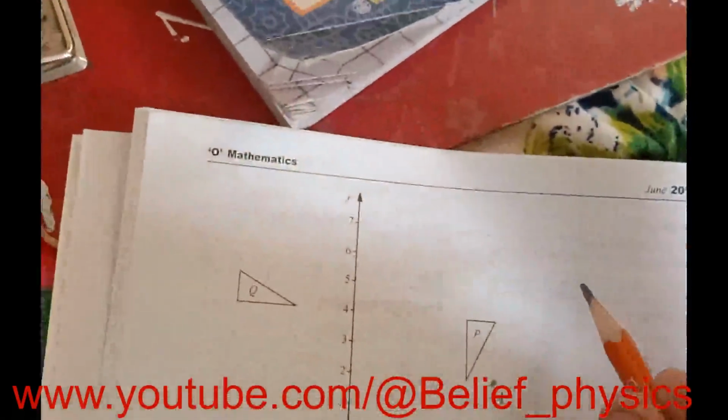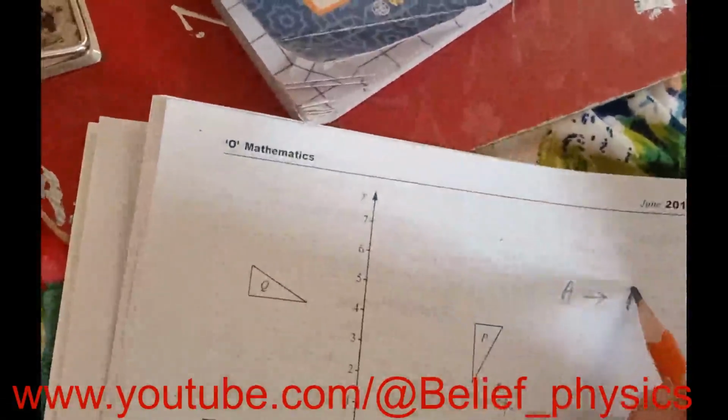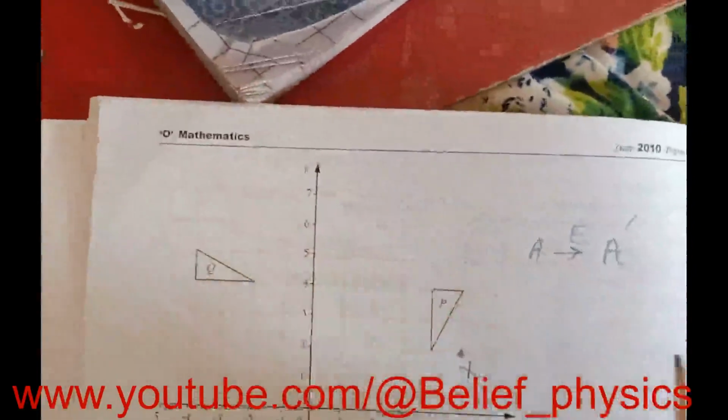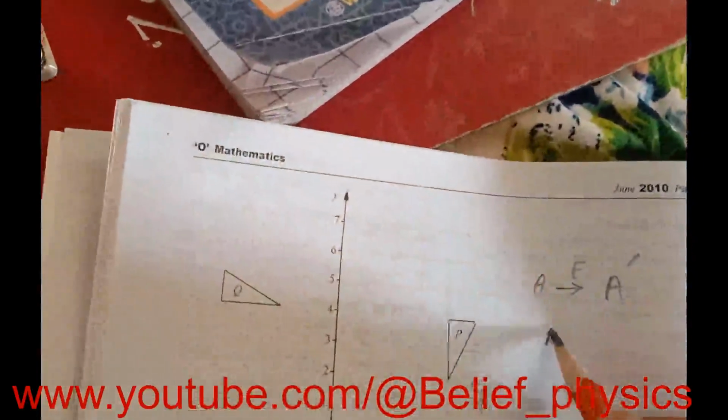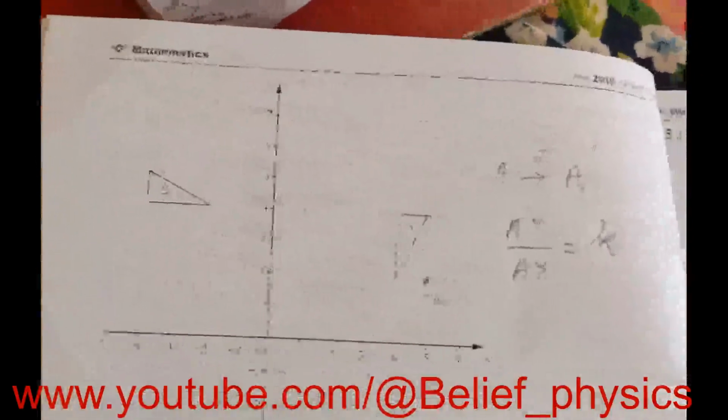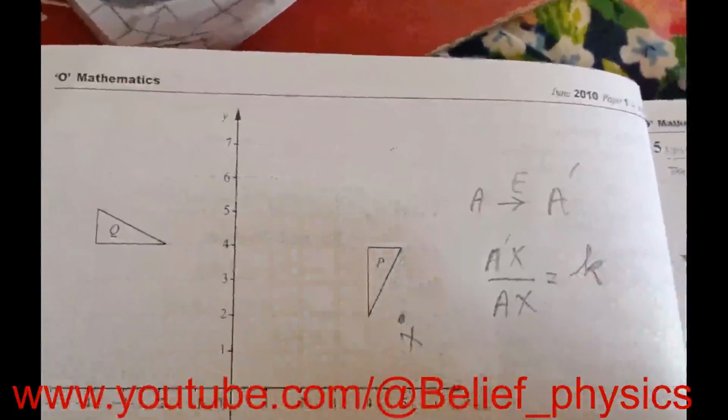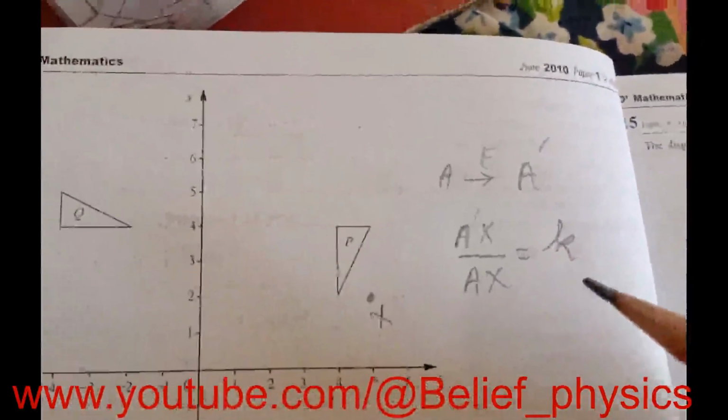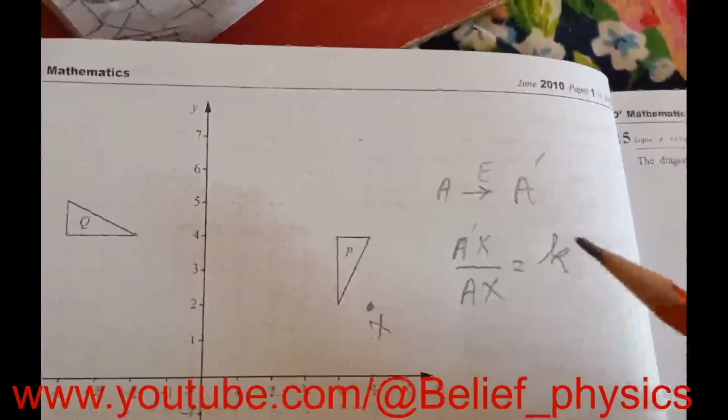For enlargement, if A is the object and A dash is the image under the enlargement E, and X is the center of enlargement, then A dash X over AX should be equal to the enlargement factor K. If the enlargement factor is positive, then the image and object will lie on the same side of the center of enlargement, and if the scale factor is negative, then otherwise.